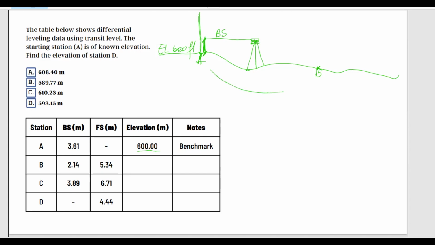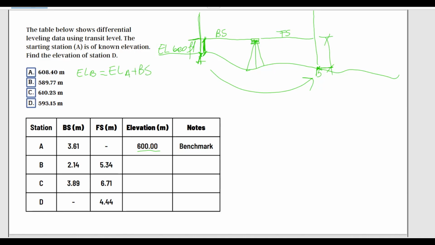And then this person from point A goes to point B and holds the instrument vertically. And another reading is done. This is called the foresight distance. And that is the distance over here at the station B. So now if you would like to find the elevation at station B, it is equal to, imagine we have elevation at station A. So elevation at station A, we're going to add backside distance.